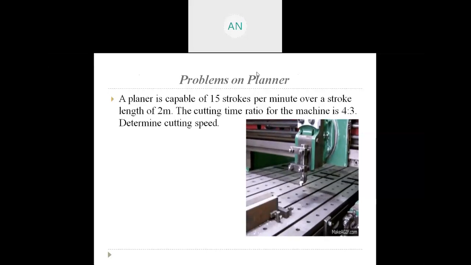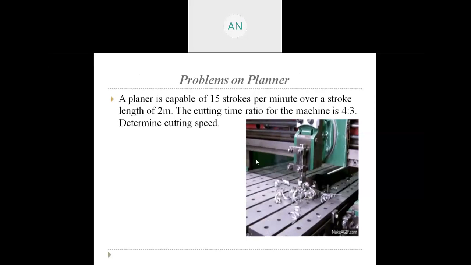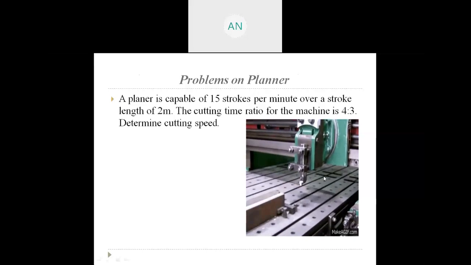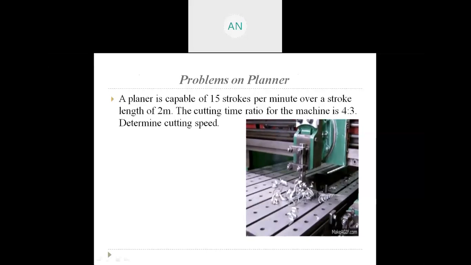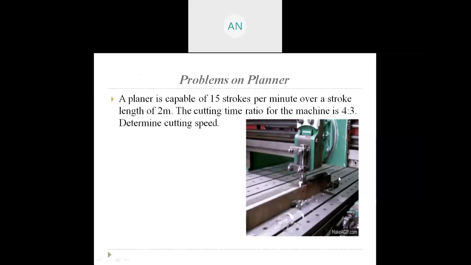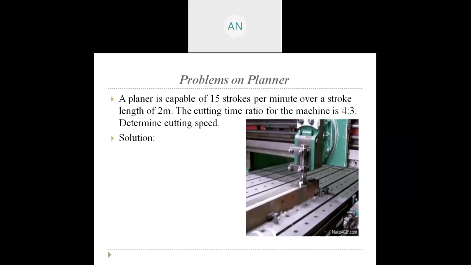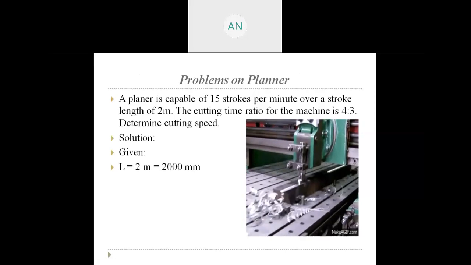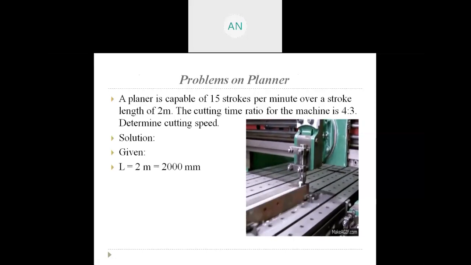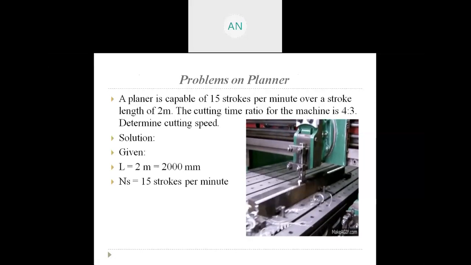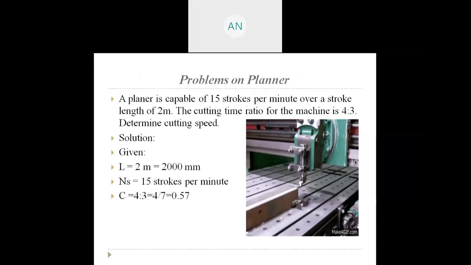Now, what they are conveying: the length of the stroke is 2 meters, and within a minute it can perform 15 strokes. The cutting time ratio is 4:3. So this is my solution for the problem, and these are my given data. Length equal to 2000 mm, number of strokes per minute equal to 15.